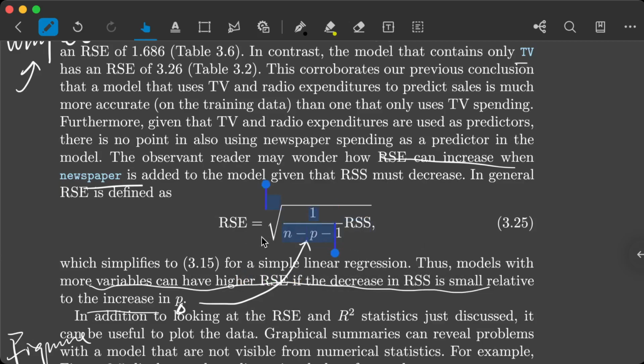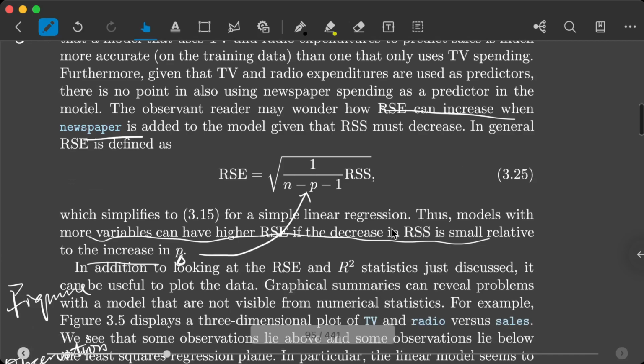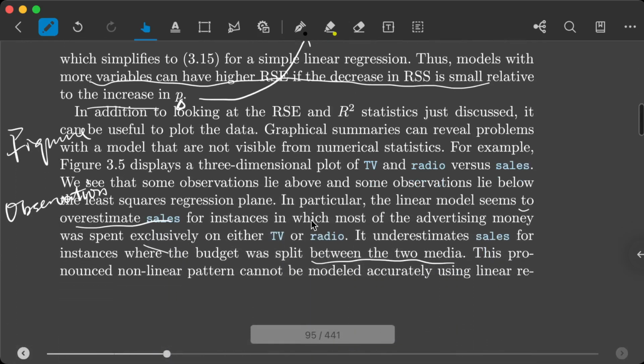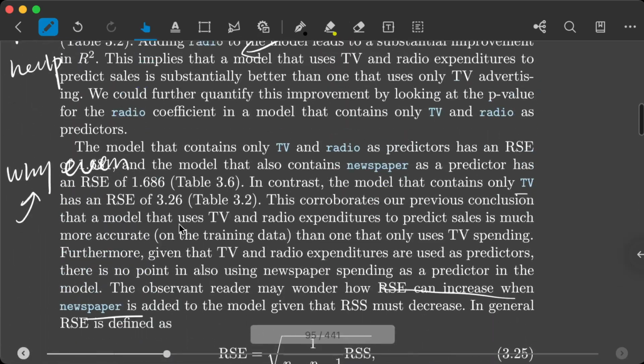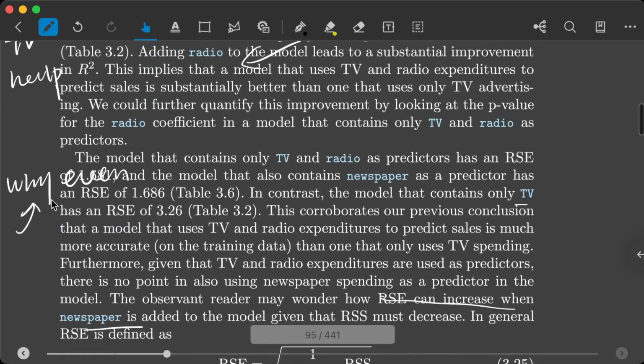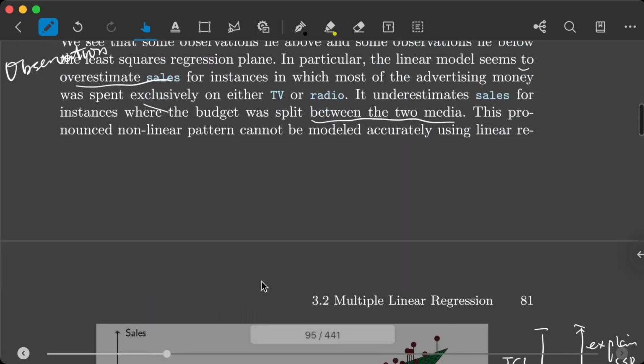When introducing more predictors, we have a lower denominator here, so we will have an increase of the value in some cases. Models with more variables can have higher RSE if the decrease in RSS is small relative to the increase of the p in the denominator. And this is the second thing we need extra attention for.